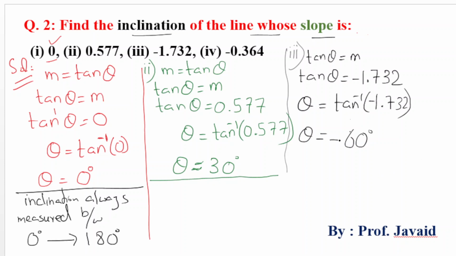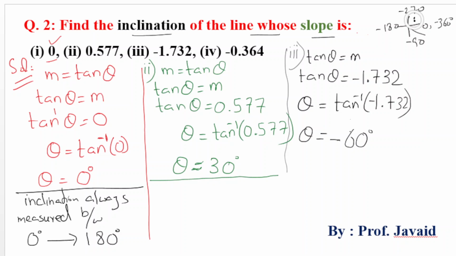Basically negative 60 degree is in the fourth quadrant. When you go clockwise, that will be negative 60, negative 180, negative 270 and negative 360. So negative 60 is here, that is the fourth quadrant.